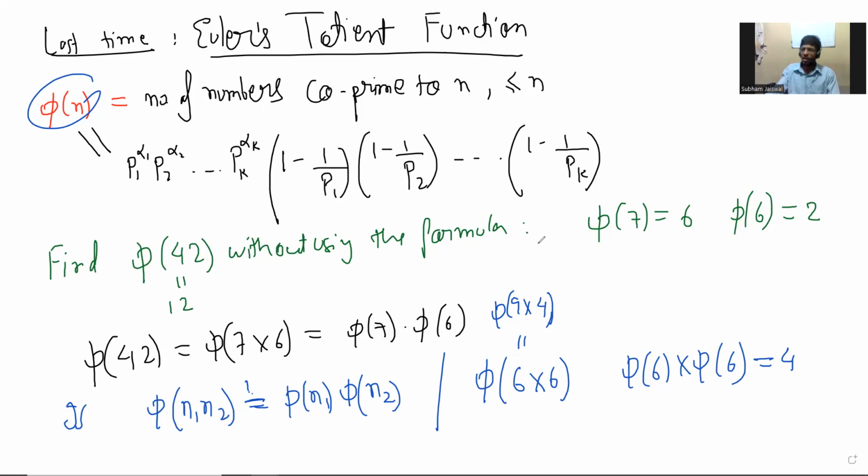Others have checked. Just put it in this formula, 12, right? So let's do this: 36, and then we apply the formula. We get 1 minus 1 by 3 and 1 minus 1 by 2, and you can just check. This is the P1 and this is the P2, and these are the only two factors, right? 3 and 2. You get 12. So certainly not true.